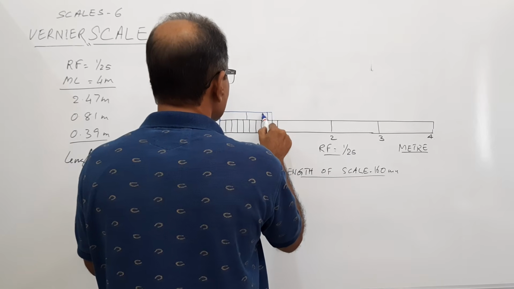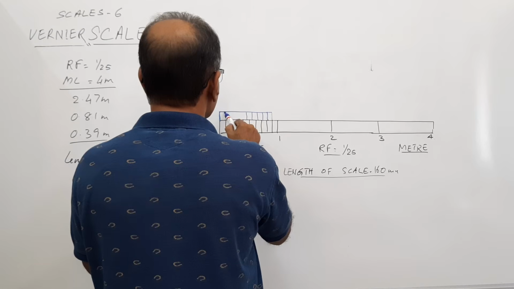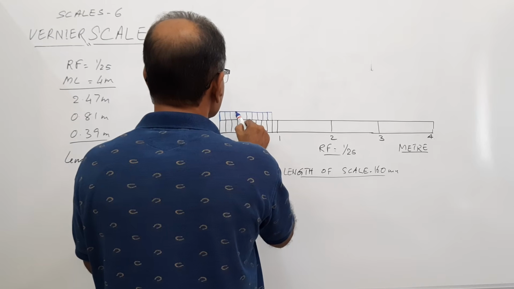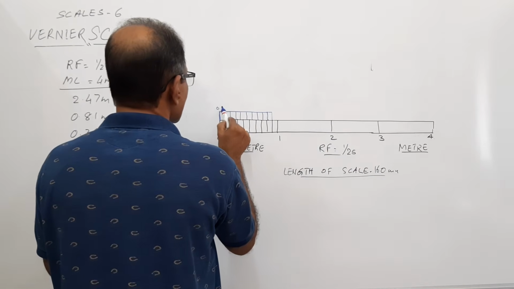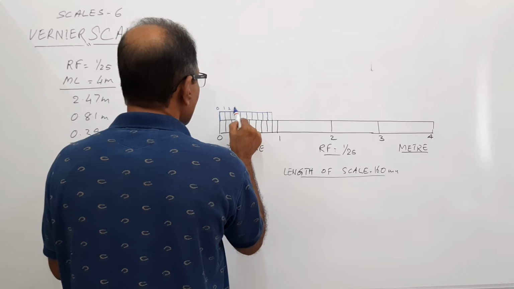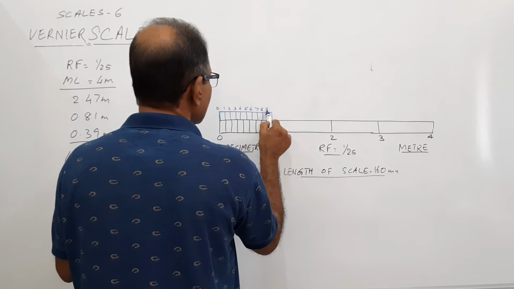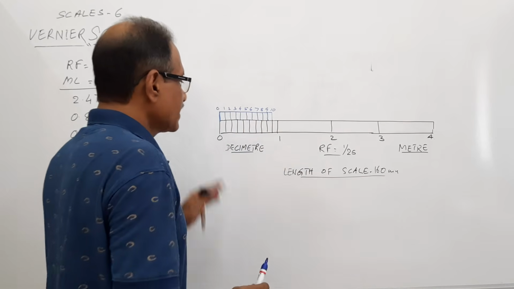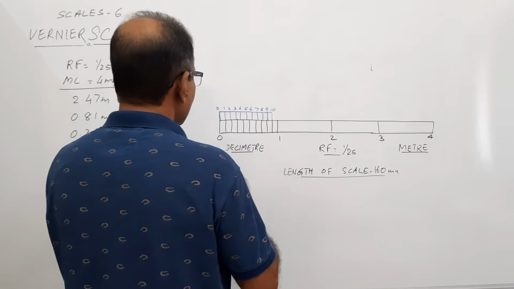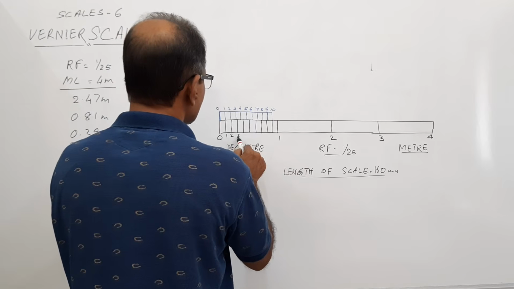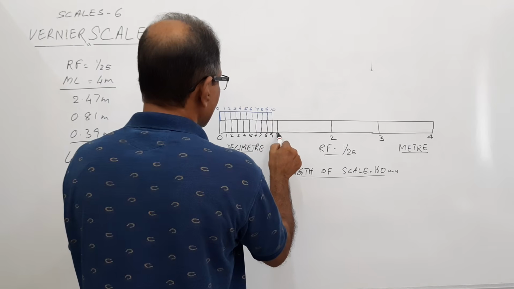The distance is not easily divisible, so you have to go for the procedure of dividing this and write 0, 1, 2, 3, 4, 5, 6, 7, 8, 9, 10. The length corresponding to 9 decimeters you have divided. Here 1, 2, 3, 4, 5, 6, 7, 8, 9, 10.